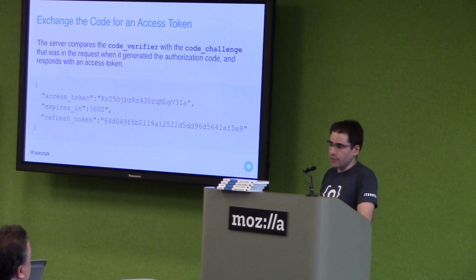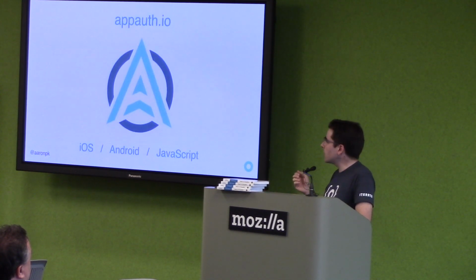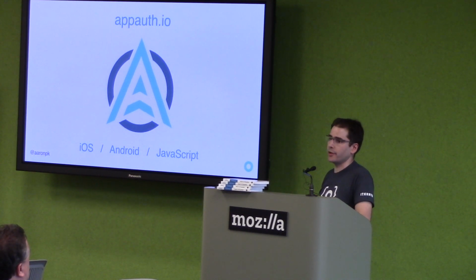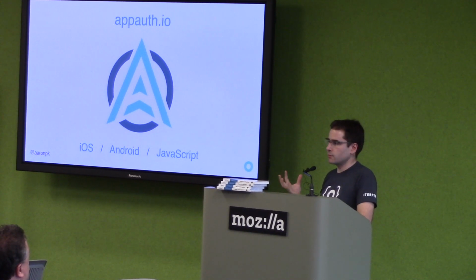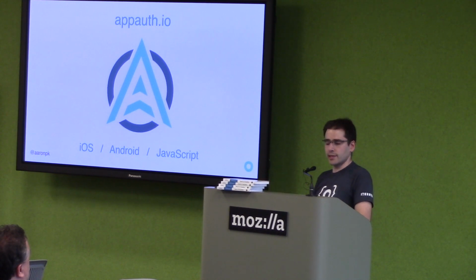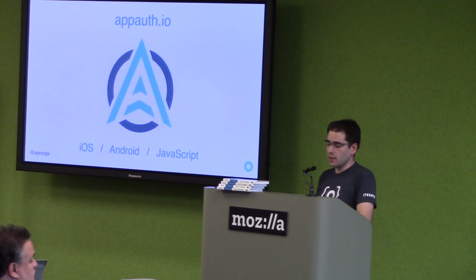Luckily, if you're using a server that supports this, you don't actually have to worry about any of that if you just use this library. So OAuth.io is basically Google's packaging up of this spec as code that you can use. And so if you're talking to a server, it doesn't have to be Google. If you're talking to a server that supports PKCE, you can just use this native app library, and it handles more than just PKCE.